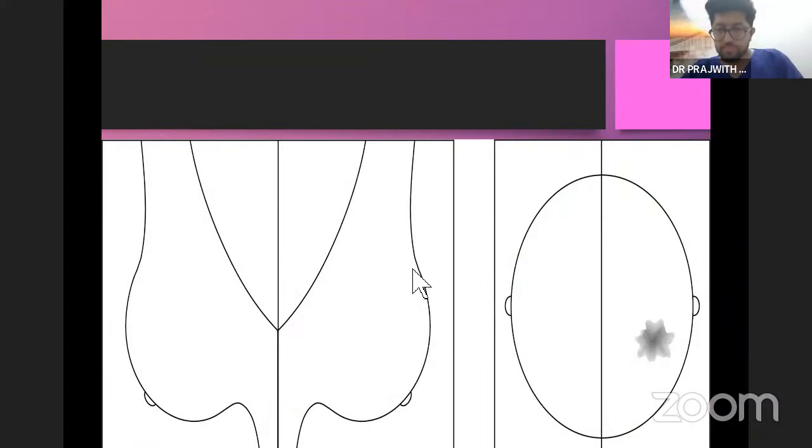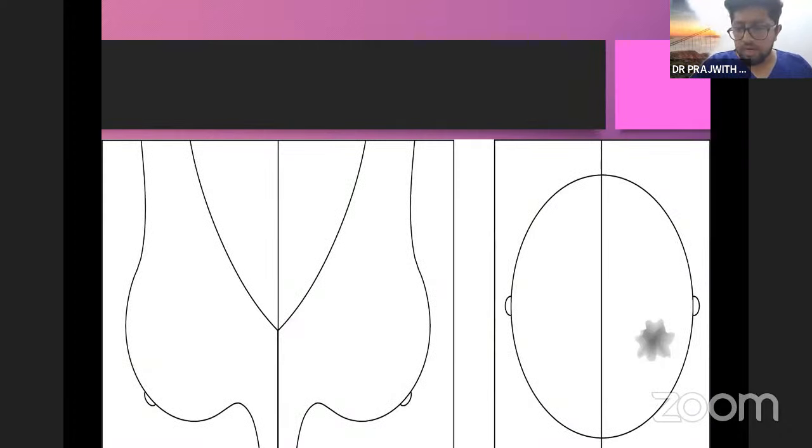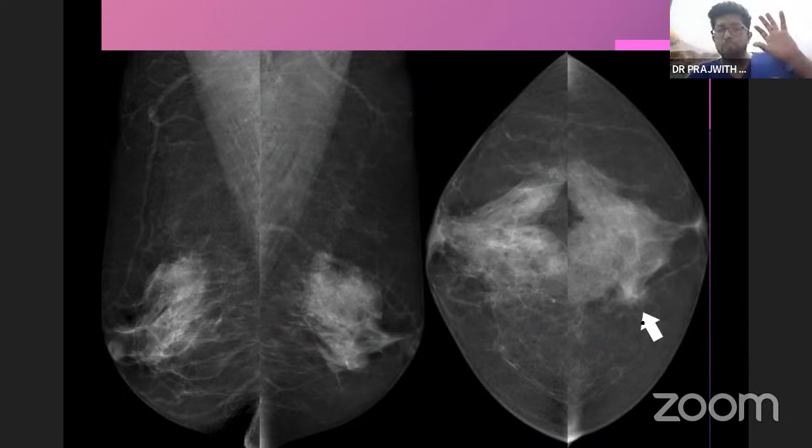So this is when you are seeing a lesion only in one view of the breast, the left breast. We are seeing it only in one view, it is not seen in the other view. So it is a potential mass, but I cannot confirm it.